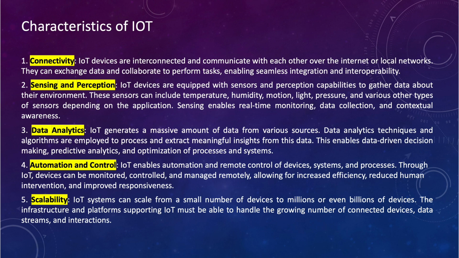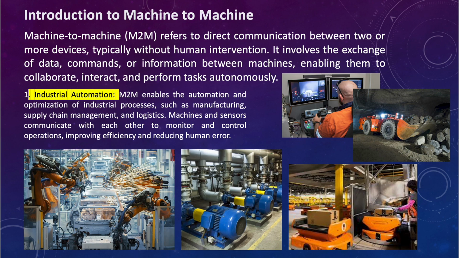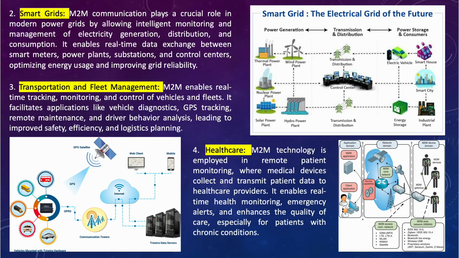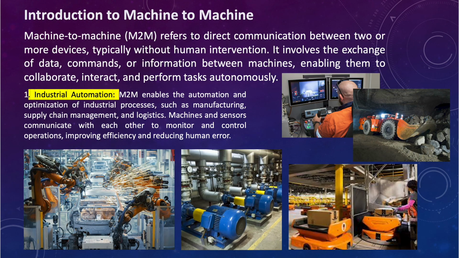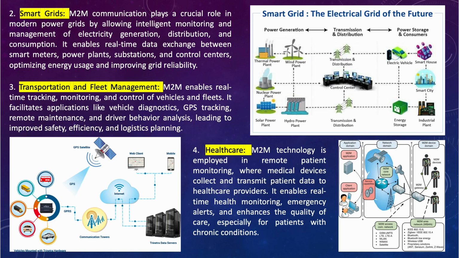Then on the next lesson we will look through the other characteristics, and then we'll go to the introduction of the concept of M2M, machine to machine, right? We will go through that, and then we will talk about application of machine to machine in the sense of IoT.